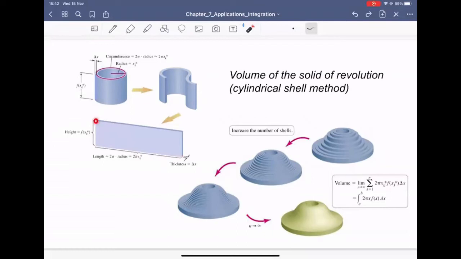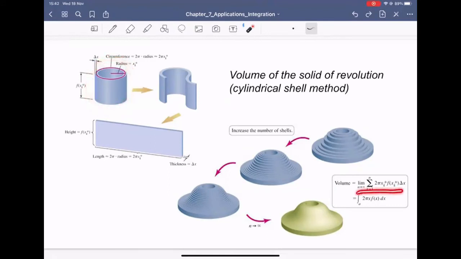Then you can compute the height, compute the length, so you get the area. And then you multiply by the thickness. That will give you the volume for just one cylinder before you unfold. And then you get this thing n times, n pieces. And then you take the limit when n goes to infinity.